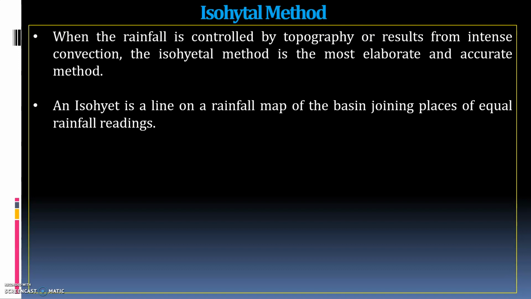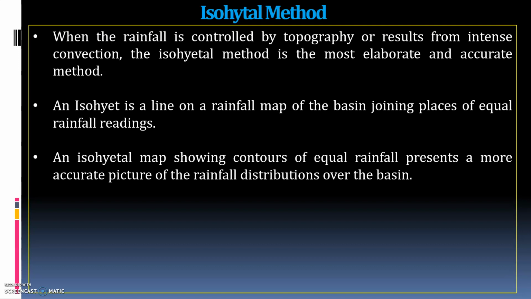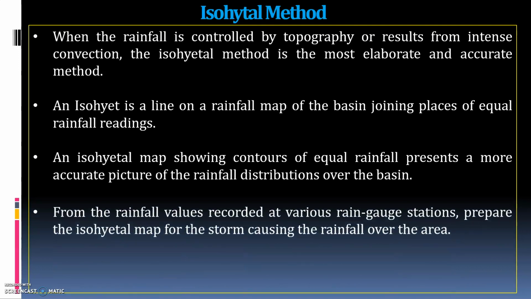An isohyet is a line on a rainfall map of the basin joining the places of equal rainfall readings. An isohyetal map showing contours of equal rainfall presents a more accurate picture of the rainfall distribution over the basin.